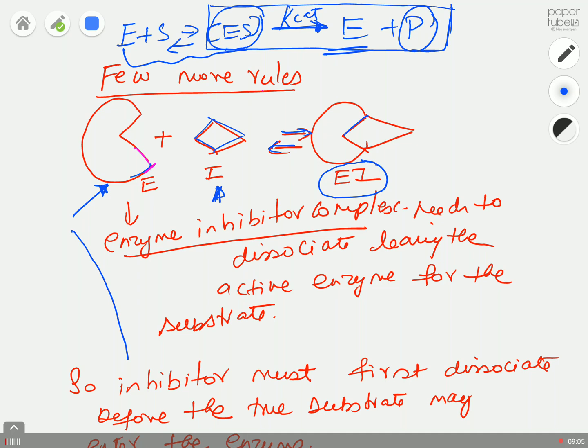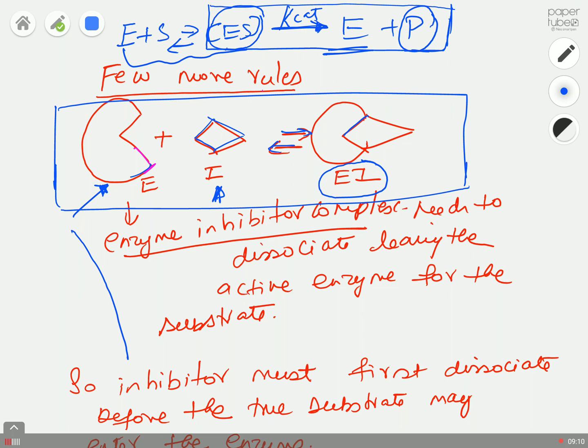And if you look at this particular box, if you want to convert your substrate to products, obviously we need to make an enzyme substrate complex. For that to happen, obviously this should dissociate back to enzyme plus inhibitor.